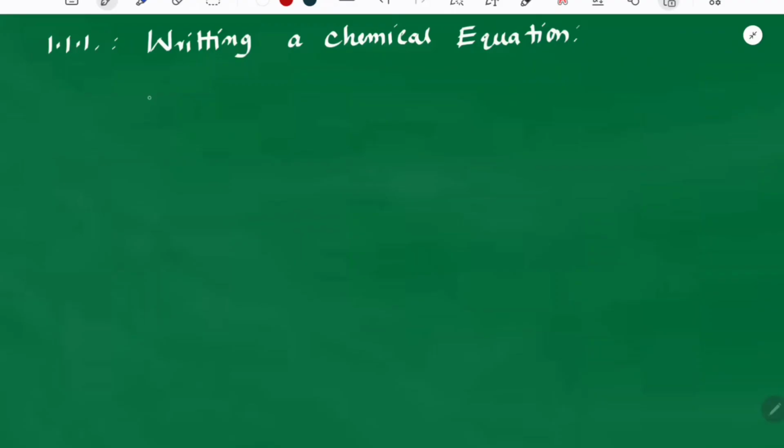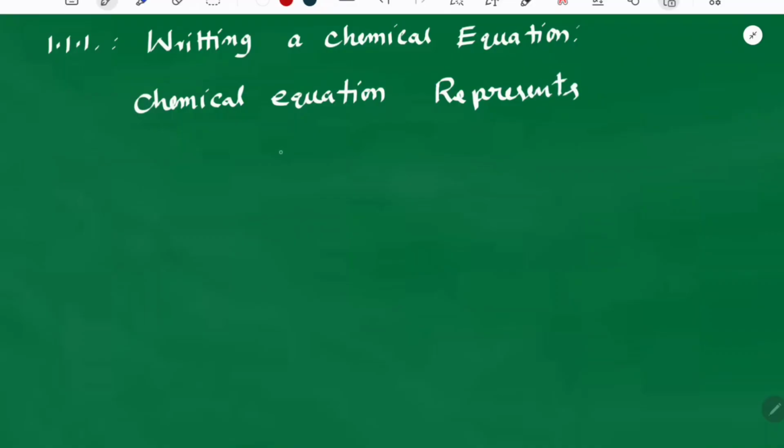So what is it saying? A chemical equation represents a chemical reaction.